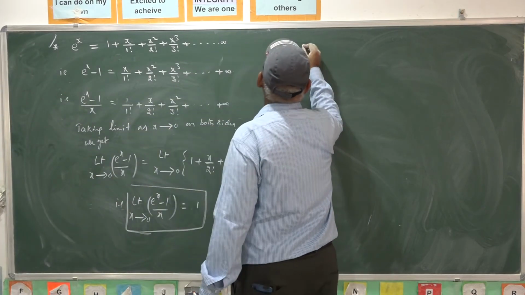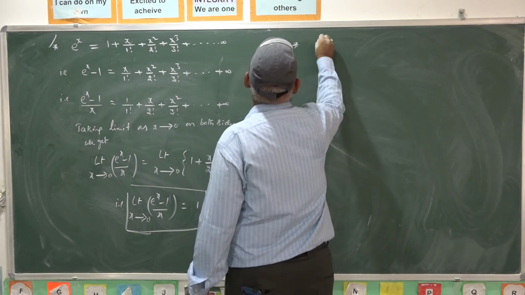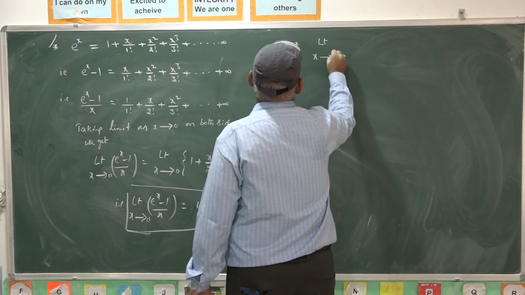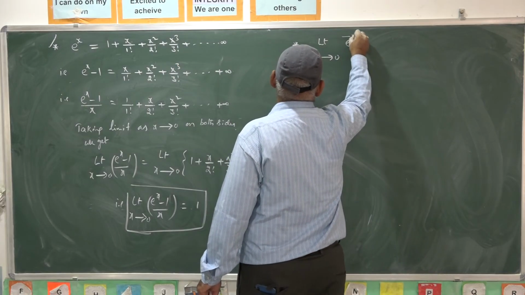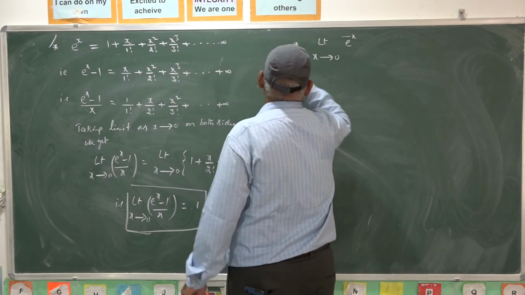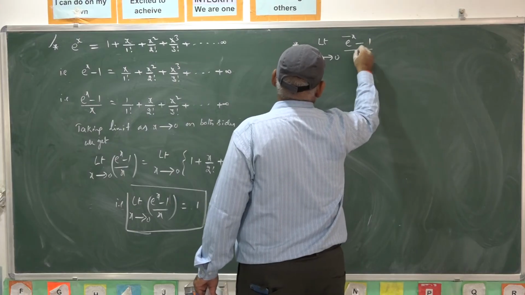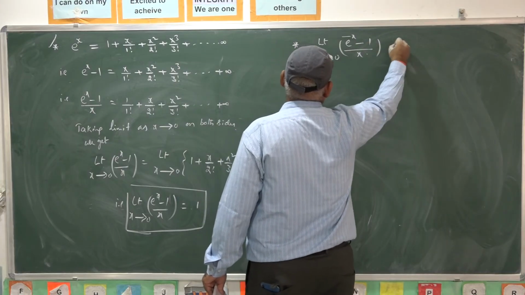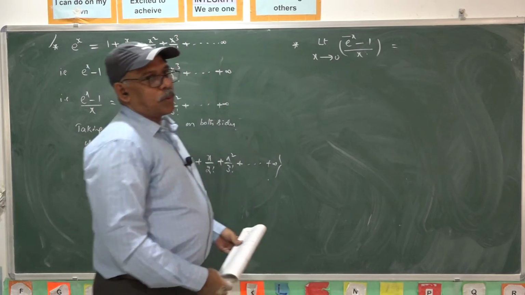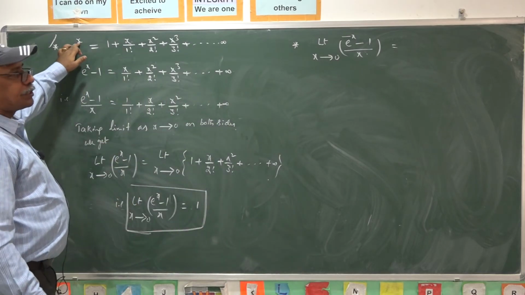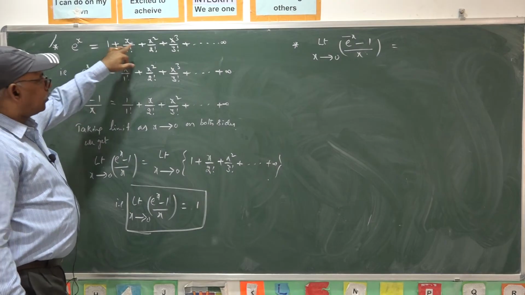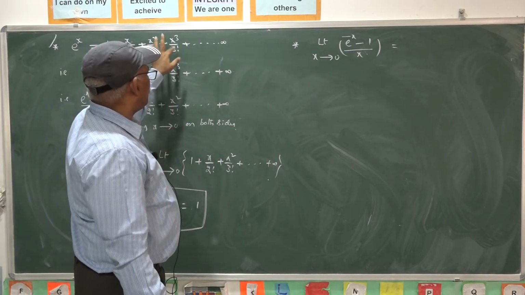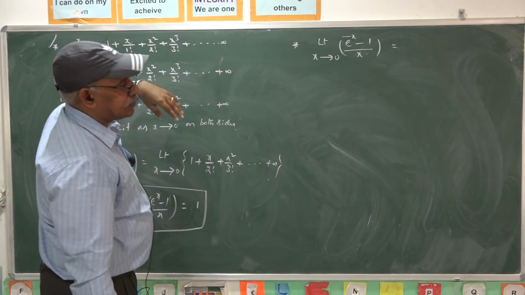Similarly, we can prove that limit as x goes to 0, instead of taking e power x, suppose you take e power minus x, replacing x with minus x. We get minus here, we get minus here, alternatively plus minus plus minus plus minus.